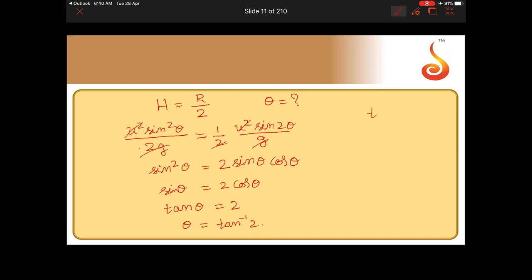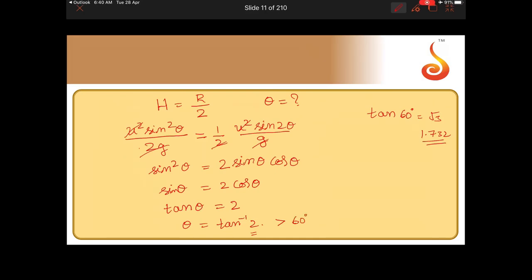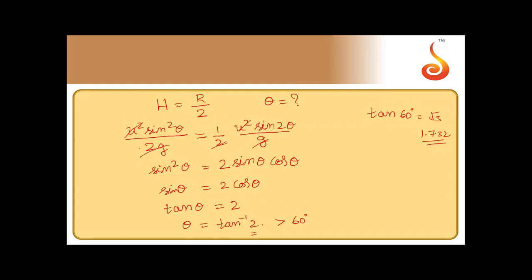Notice one thing, tan 60 is root 3, so this value is 1.732. So tan inverse 2 should be greater than 60 degree. So it should be greater than 60 degree means only option that matches is 64 degree. It cannot be 90 degree because tan 90 is infinity. So the answer should be 64 degree, that is option C.